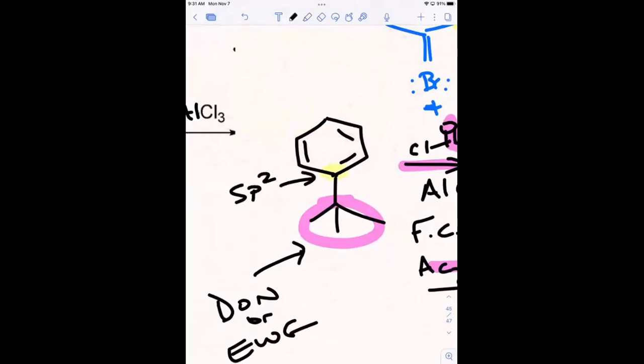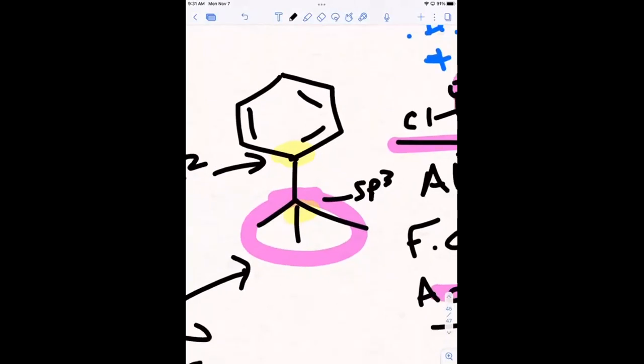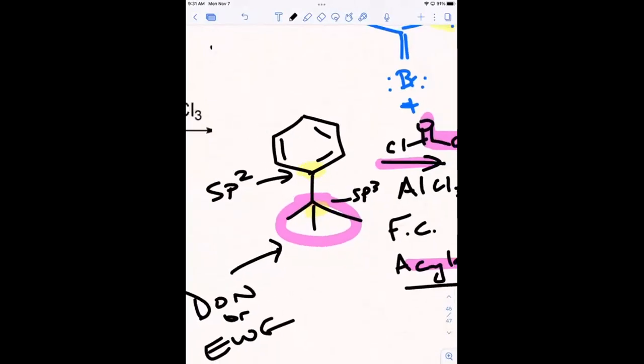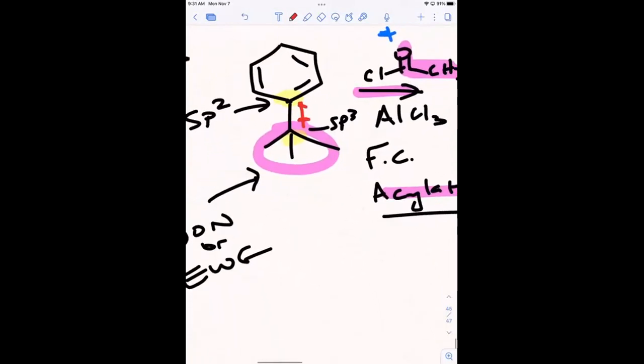That's sp2, and this other carbon down here is sp3. So there's a little dipole, not a strong dipole, going in this direction. So what you're saying is it's a donor. It's a donor, because you're donating not electrons, but electron density into the ring. So let's write that down somewhere.